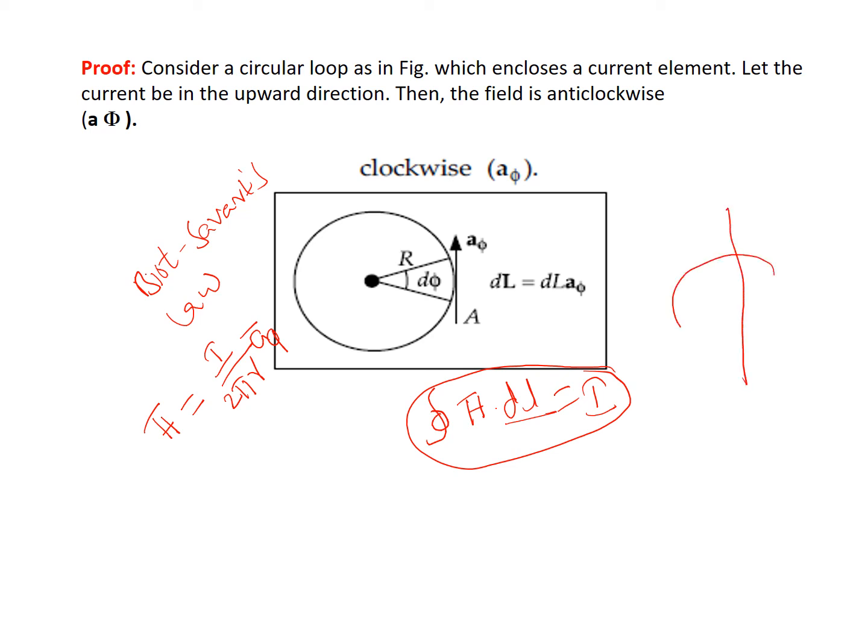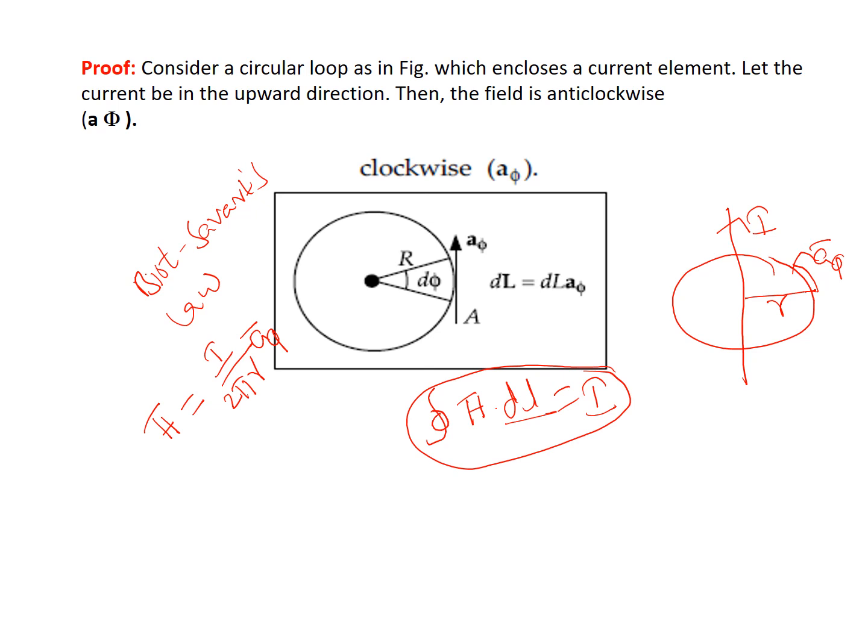The current I enters this wire, and I assume a point P here, around which the magnetic field intensity is generated. I assume this direction is a phi bar. The distance to the differential point, I assume, is small r.